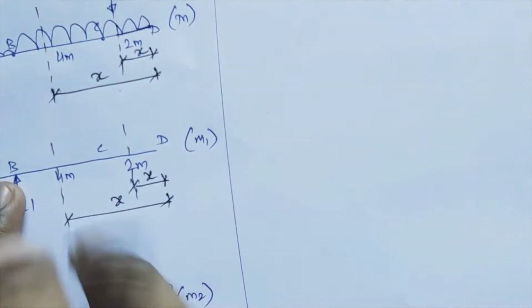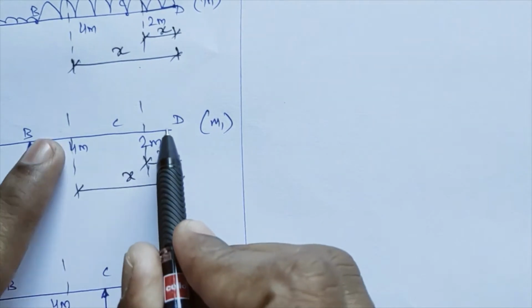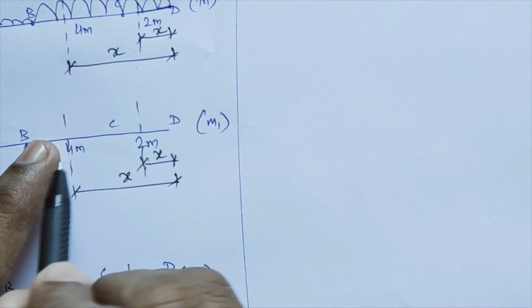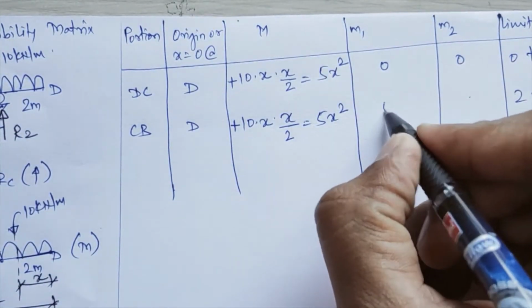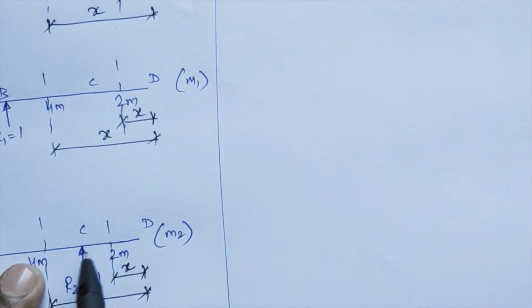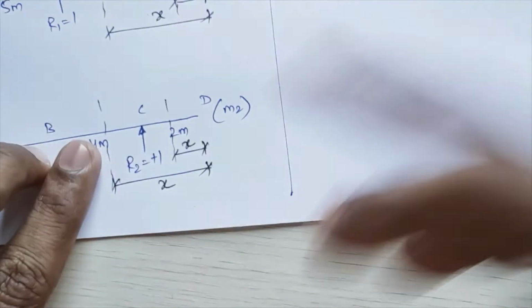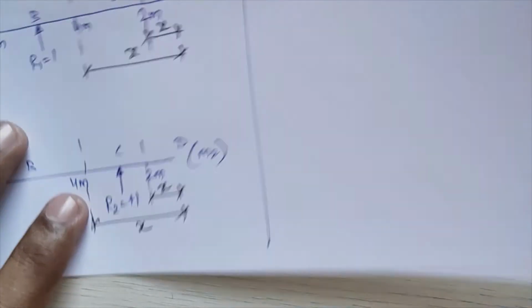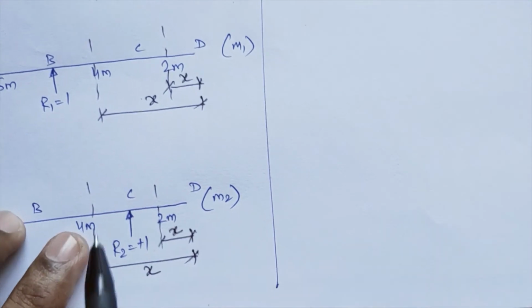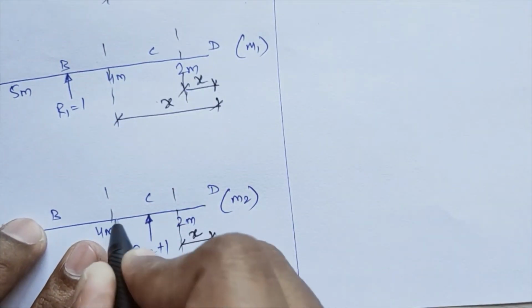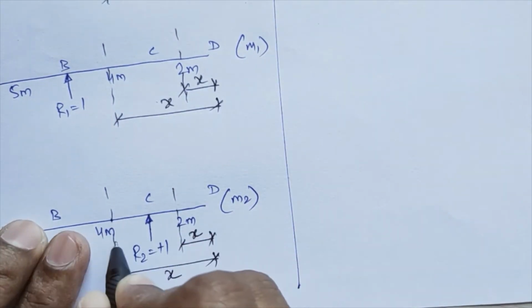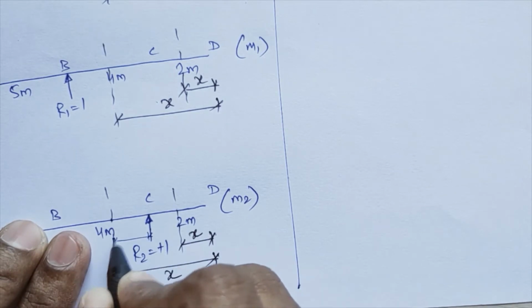Right? Now see, in m1 diagram, from D to the section you are not having any loading over there. So again this value m1 will become 0 here. But here you can see now loading of 1 is acting here in m2 diagram. So that loading of 1 will be considered over here. So moment of this one along this section, that will be 1 into its perpendicular distance now.